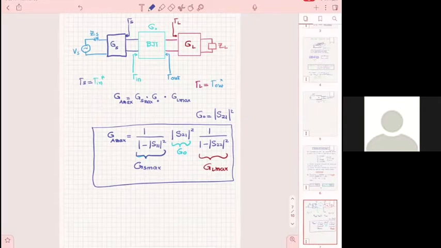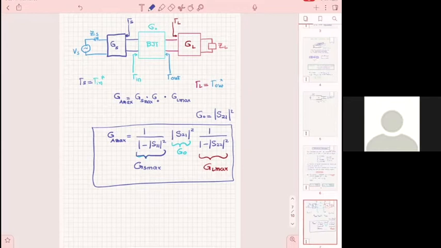And as a matter of fact, even if I don't ask you for maximum gain, if you want to design an amplifier, you need to know what the maximum gain that it can provide is. Because if the maximum gain is 9 dBs, and you try to design it for 10 dBs, it's not going to happen. You cannot get 10 dBs out of an amplifier that can only give 9 or 8.